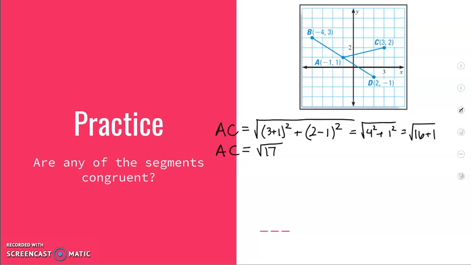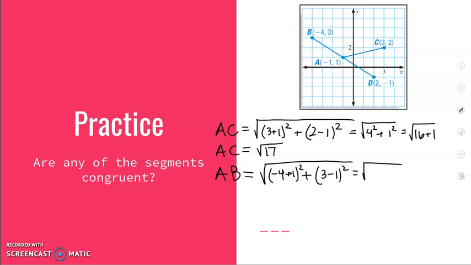Let's move on to AB. If I want to find the distance between coordinates A and B, I'm going to take the square root of x minus x. Remember, if you subtract a negative, it becomes positive. Then y minus y squared.